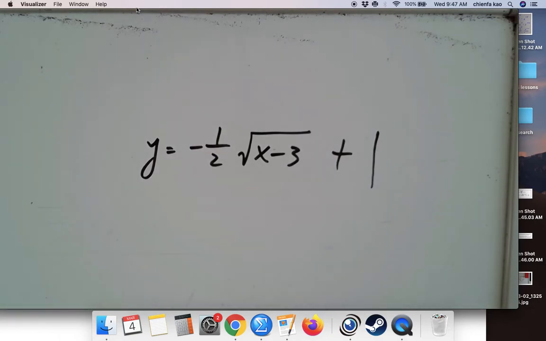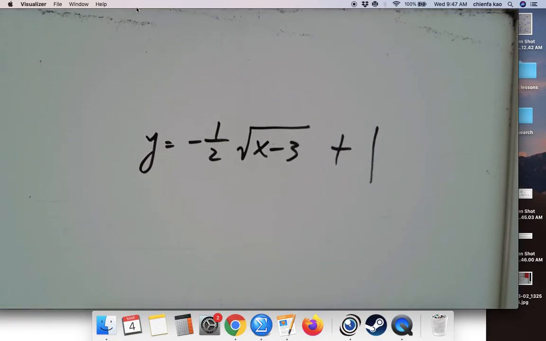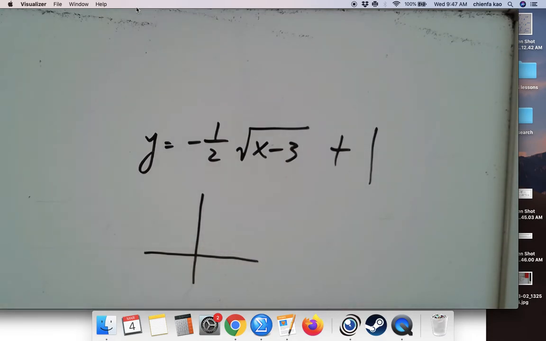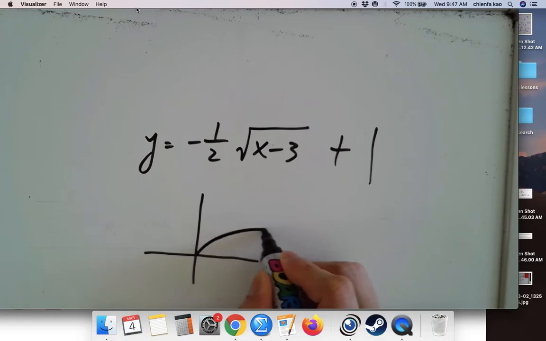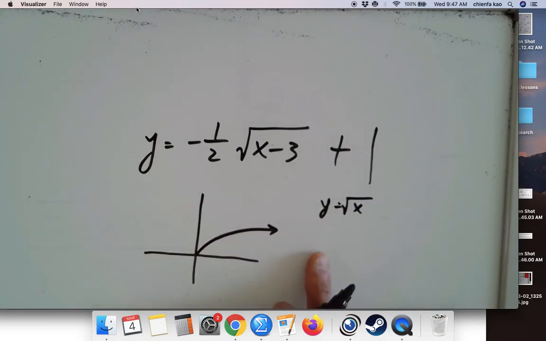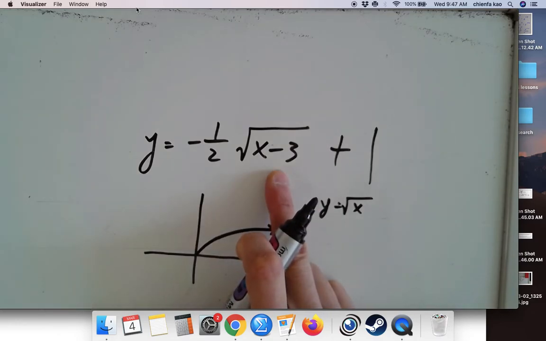No, just graph it roughly using the translation skills that you've learned from the past. Okay, pause the video. Do that now. Okay, now that you've done it, let's look at some basic things. We know the parent function looks like this, square root of x. Square root of x is the parent function. Okay, now it's been shifted.